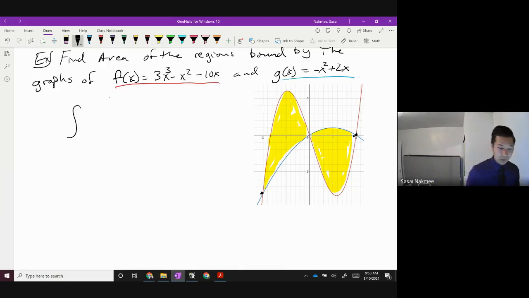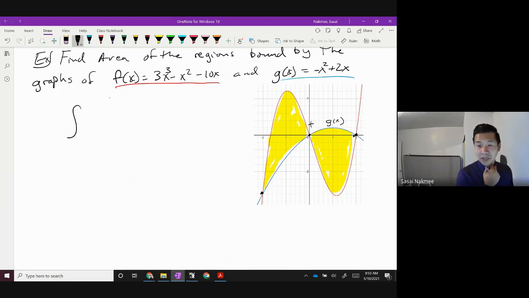We have to do the one that's on the left plus the one that's on the right. The one on the left, the red f of x function, is on top, whereas on the right, g of x is on top. You see that? g of x is over the other function. So on the one over here, this will be g of x minus f of x, and then the one on the left will be f of x minus g of x.